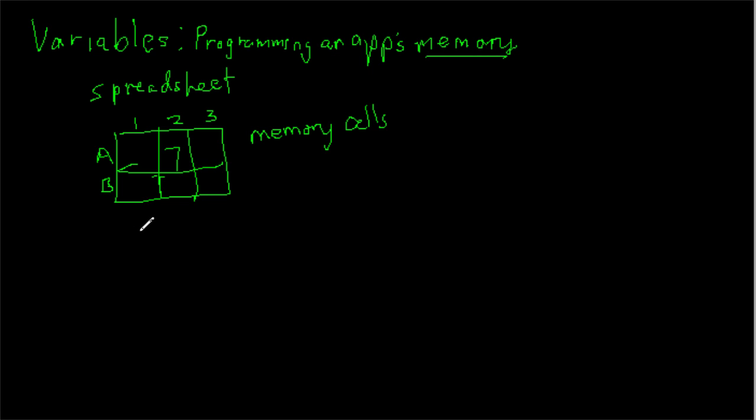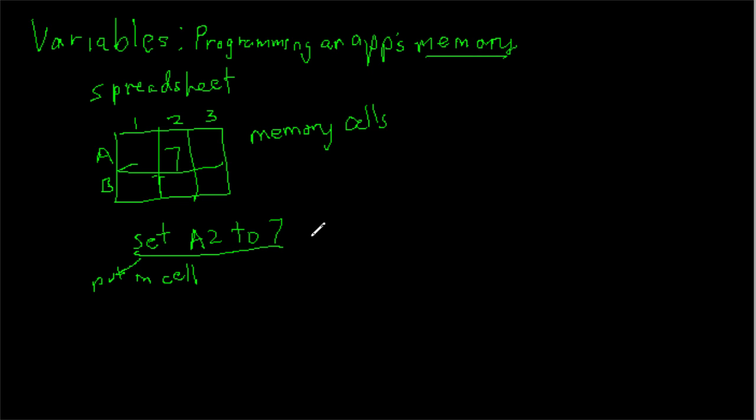So in programming, I would have said set A2 to 7. Set is the term we use for putting something in the cell. So when I put that 7 in that cell, in programming, set A2 to 7.